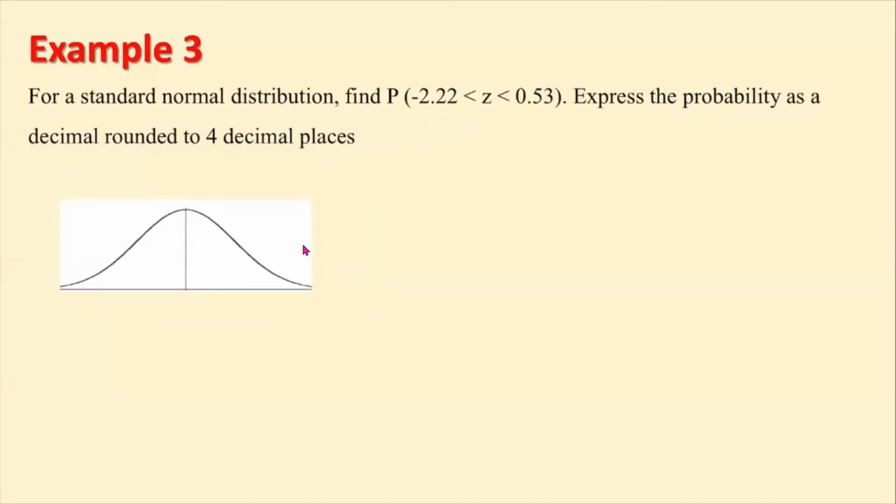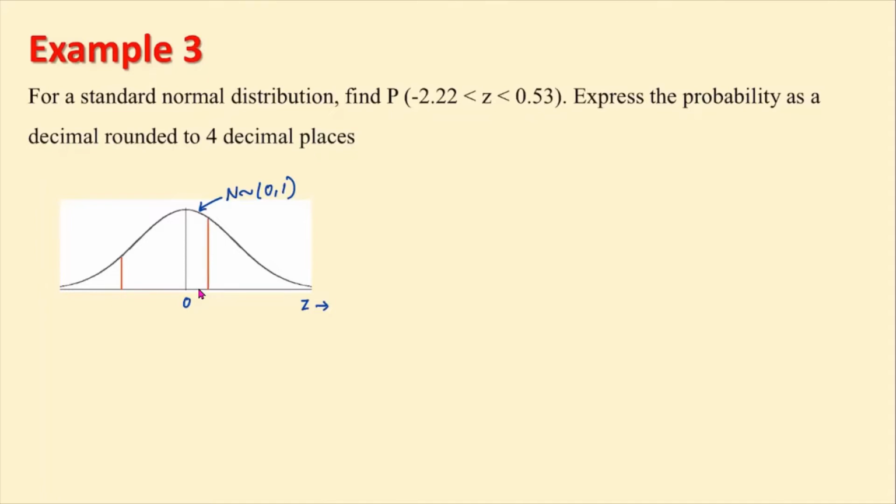Okay, so this is the standard normal distribution with the mean 0 and standard deviation 1, meaning the mean 0 is here, and along the x-axis, we have the z-scores. Now, what we want is the probability between negative 2.22, so negative 2.22 should be somewhere here, up to 0.53. 0 is here, 0.53 should be close to 0 on the right.